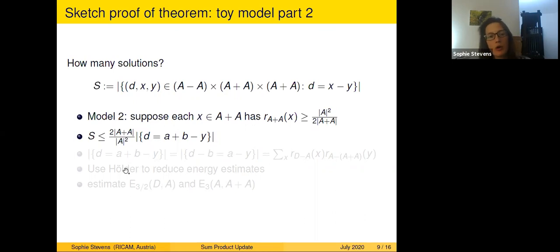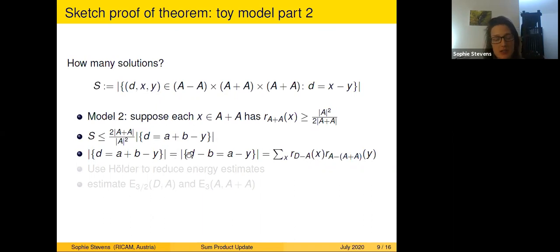So this slightly more complicated expression, D equals A plus B minus Y. D and Y live inside these sets, A and B live inside the set A. It's precisely the number of solutions to the equation D minus B equals A plus Y, which, I apologize for the forthcoming typo, is another way of writing this.